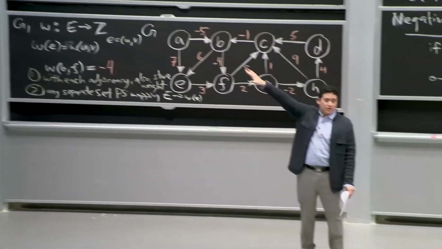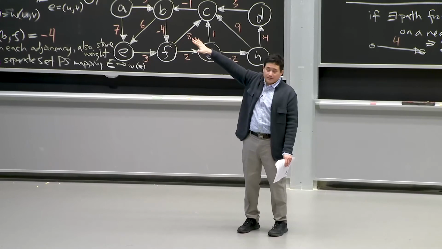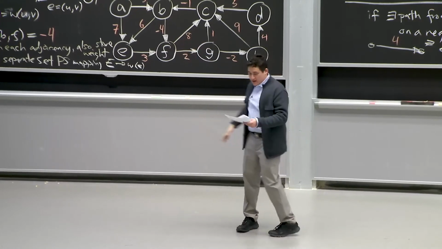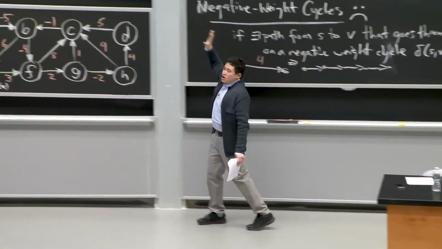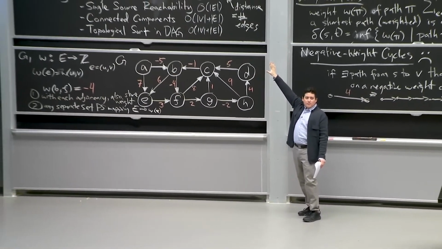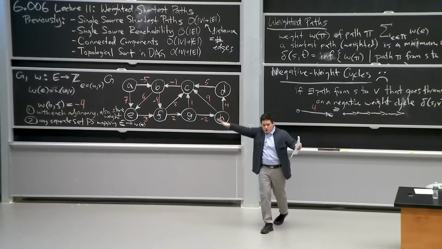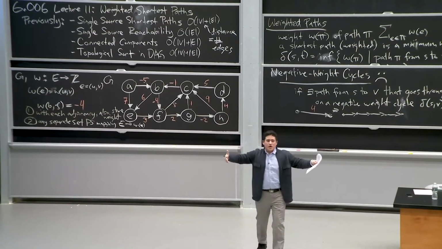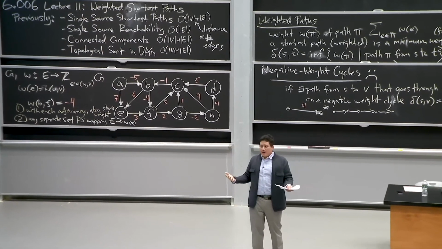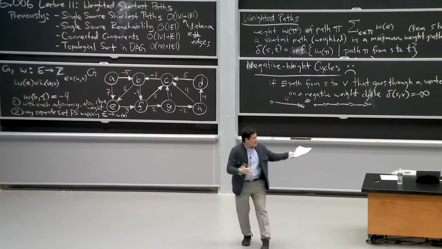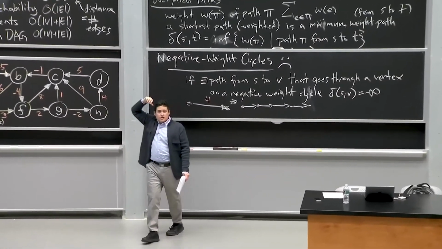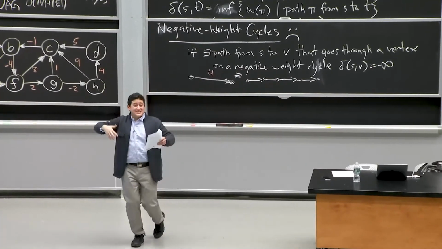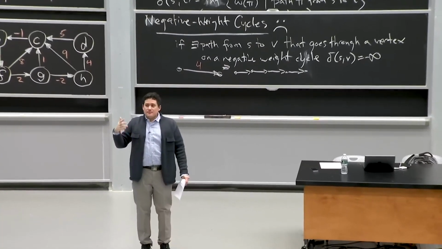But before we go on to showing you how to solve single source shortest paths in a DAG, using this algorithm that I'm calling DAG relaxation, I'm going to go back to a thing we talked about in breadth first search. When we solve single source shortest paths, we output 2 things. We output the shortest path distances, these deltas, the shortest distances.